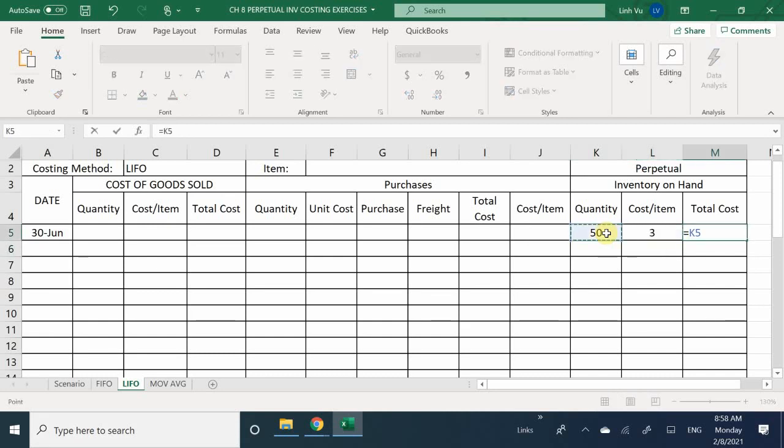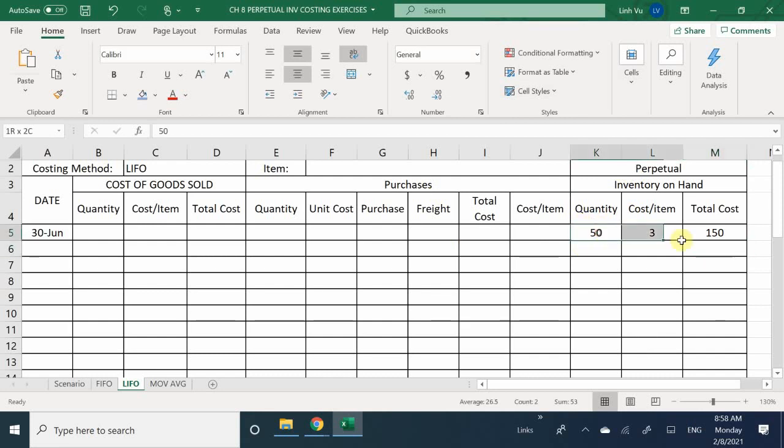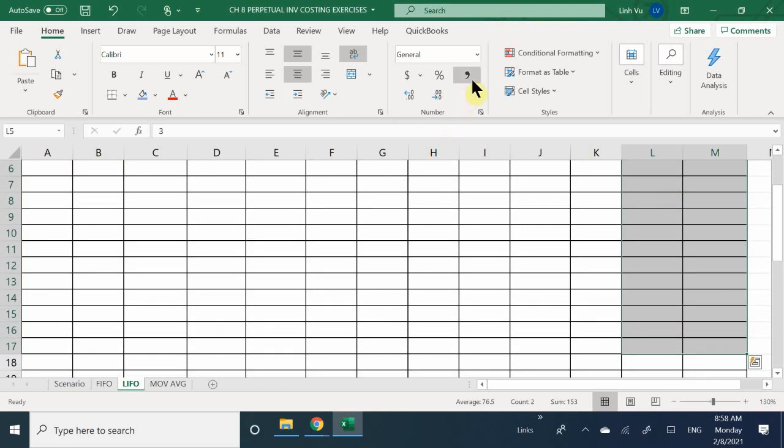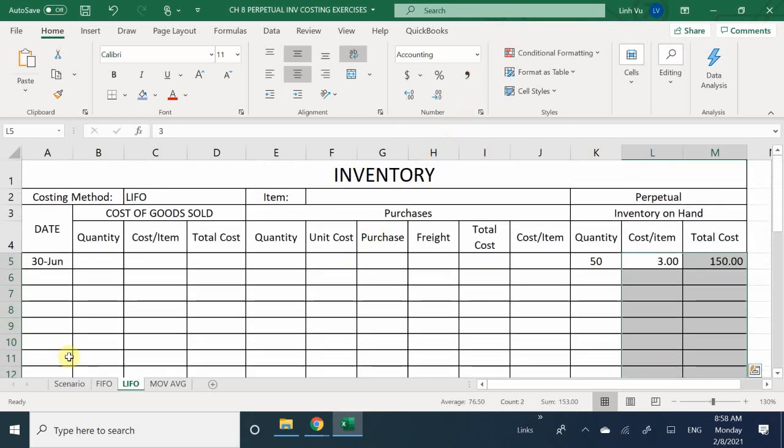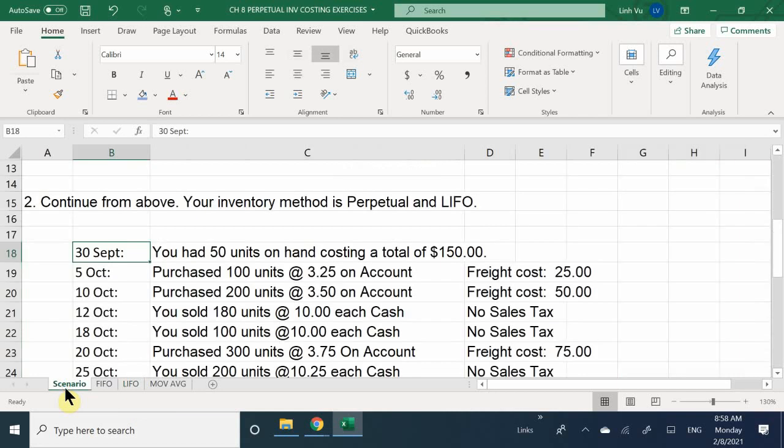So the total cost here is going to be 150. Let me go ahead and fix this real quick, or format it. All right. Now that we have that, what happened on October 5th?